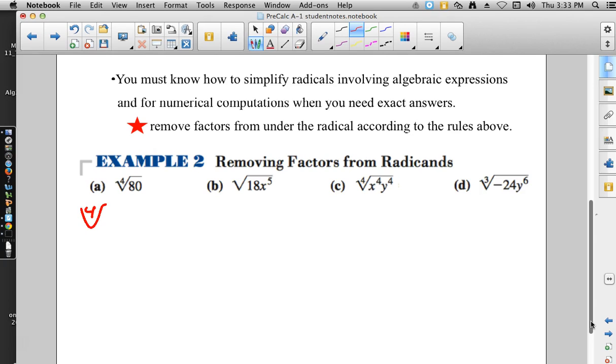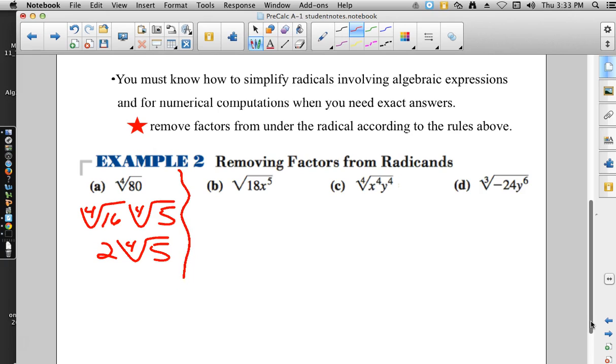Wait a minute. 16 goes into 80 5 times. So I know what the fourth root of 16 is. That's a 2. And there it is, talking about those principal roots. Again, this is a fourth root. Normally, if we had to do this as part of solving a problem, we would think about the positive and the negative, but we're focusing on the principal roots.